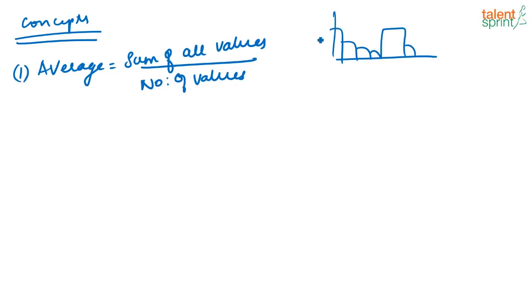Now they ask what is the average number of students passed in all the 6 years. In that case you have to calculate the average, so the basic formula of average will be very useful when solving questions on data interpretation.